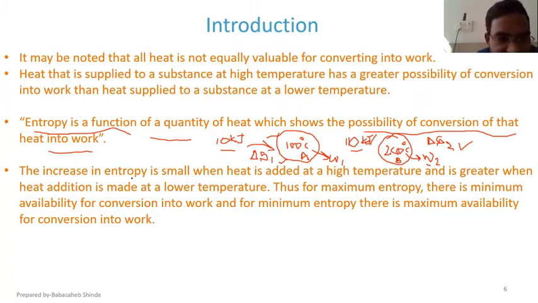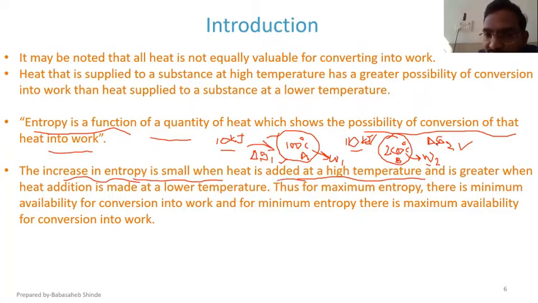Now how is that going to be useful? Let's see. The increase in entropy is small when heat is added at higher temperature. Is that clear? The increase in entropy is small when heat is added at higher temperature.